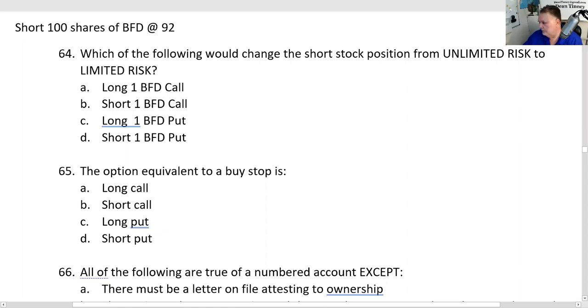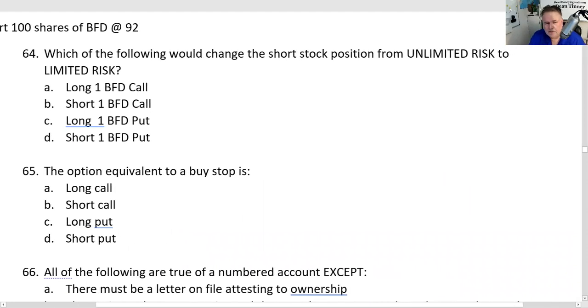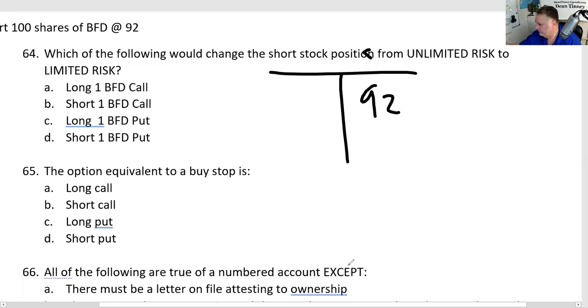So, if all I do, let me get my T fired up, is sell short this stock at 92, I'm going to have unlimited risk. But if I had a choice to buy back the borrowed stock at any time between now and set date, I would no longer have unlimited risk.